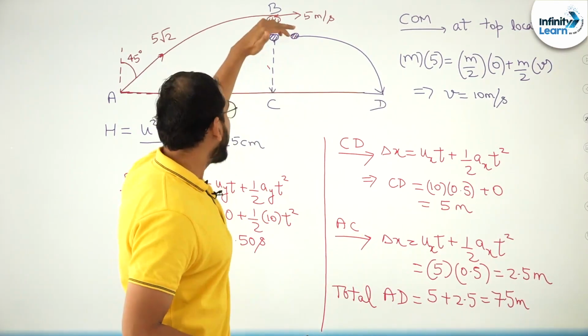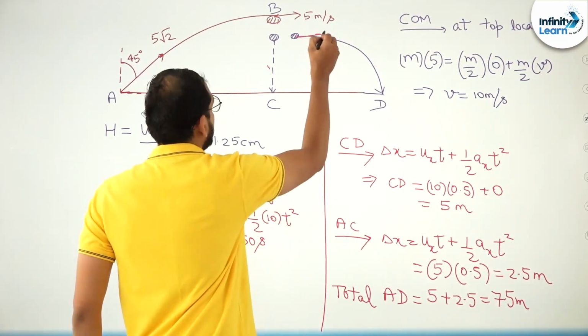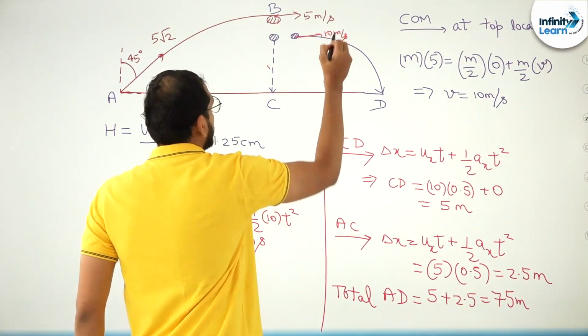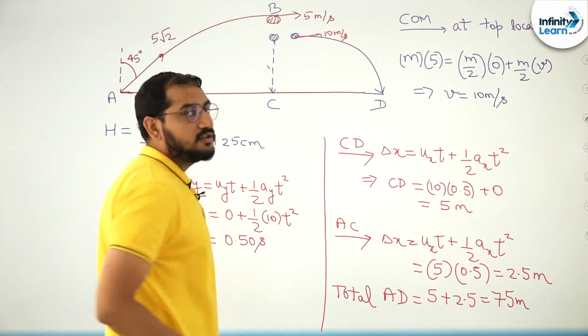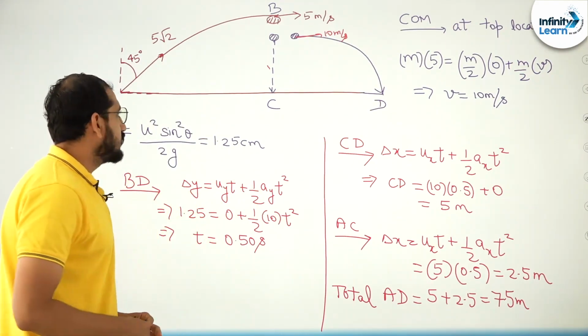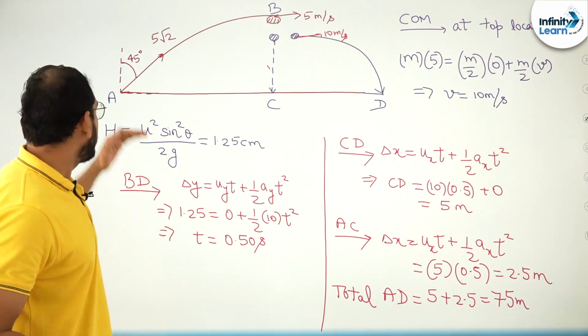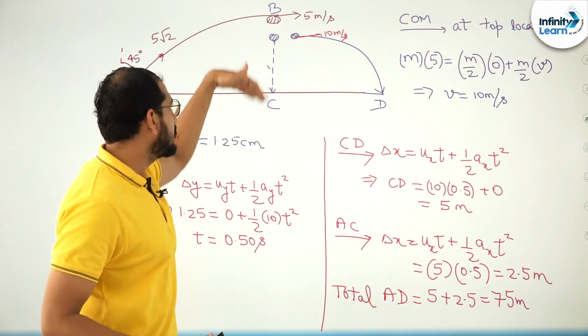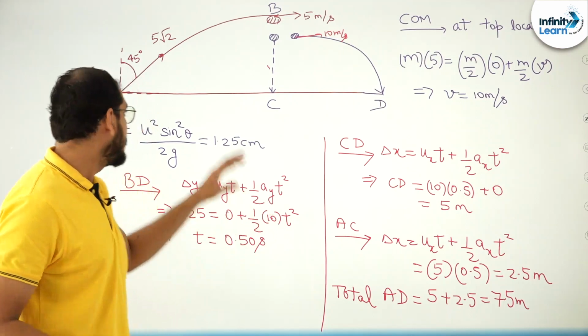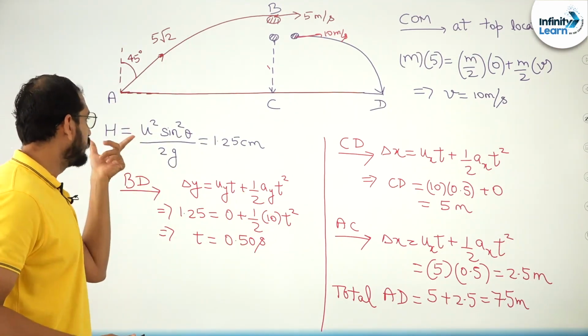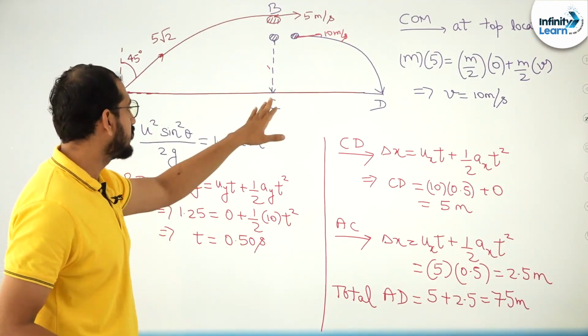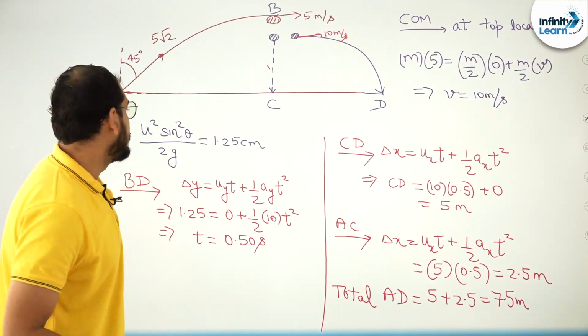Because it has a higher speed of 10 meter per second, this will go to a slightly larger distance. Now to calculate the time, first we calculate the maximum height that this particle has achieved. In the y direction I can use this formula to calculate the height, which is going to be 1.25 meter.